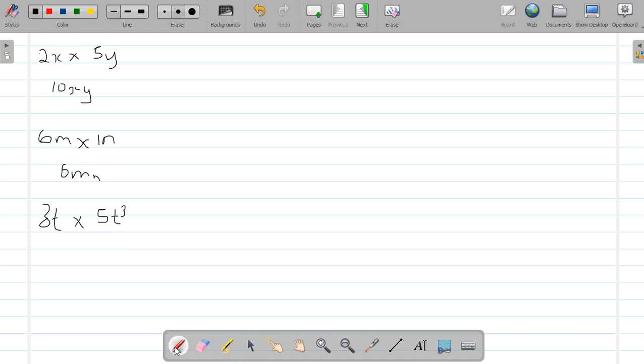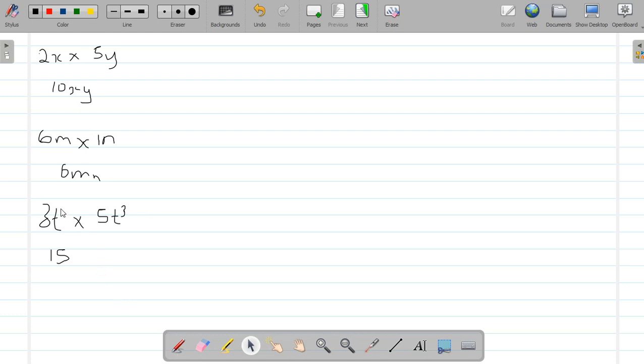Now when it is given to you, it is just like we did over there. We multiply the coefficients, which are 5 and 3. So I'm going to have 15. Now the t over here, instead of me writing t times t to the power 3, we apply a rule of indices, and it says that anytime variables are the same and they are multiplying, you write it as a single variable and then add their exponents.